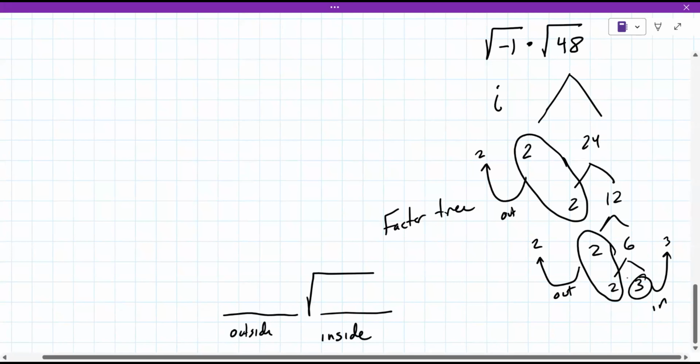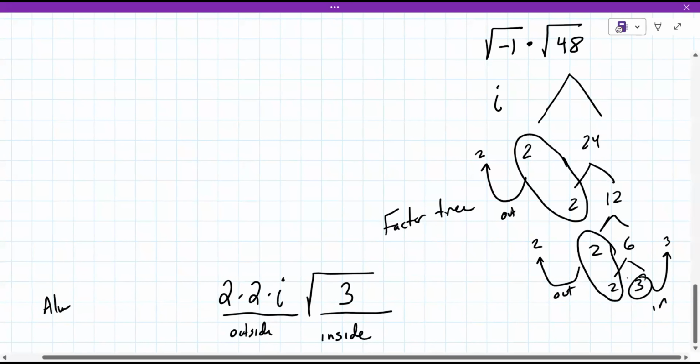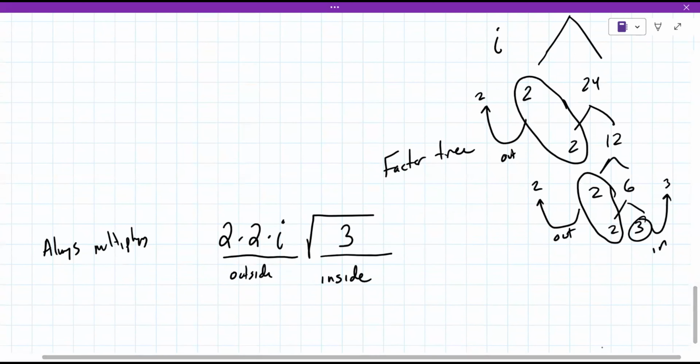The part that's outside is the 2 and the 2 and the i, and inside is the 3. And the numbers, whether they're inside or outside, are always multiplying. So you can see that this becomes 4i square root of 3.